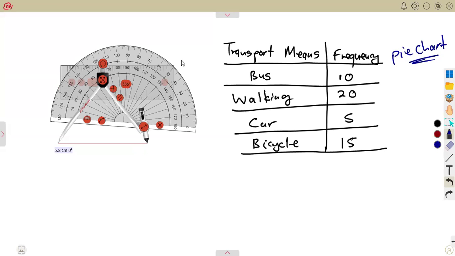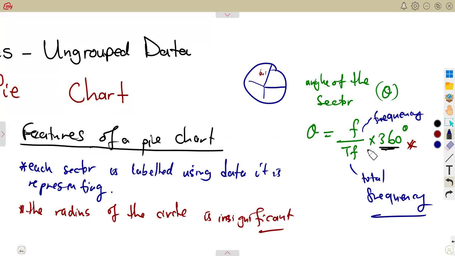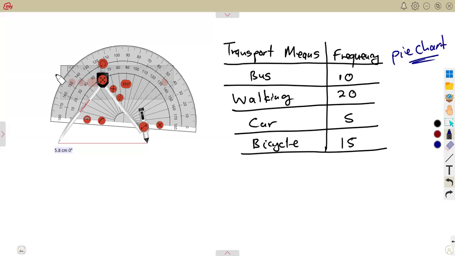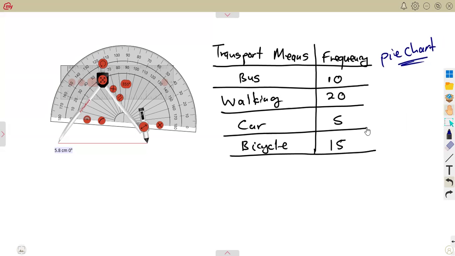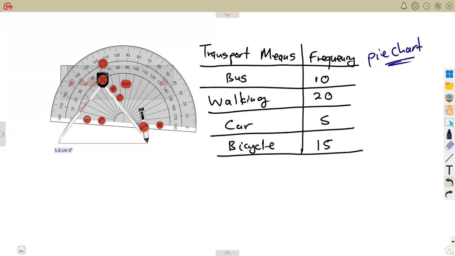Like I said, the pie chart is supposed to be in terms of sectors. And as we saw, each sector needs its corresponding angle calculated. So you can have your angle of sector aside and make another column.